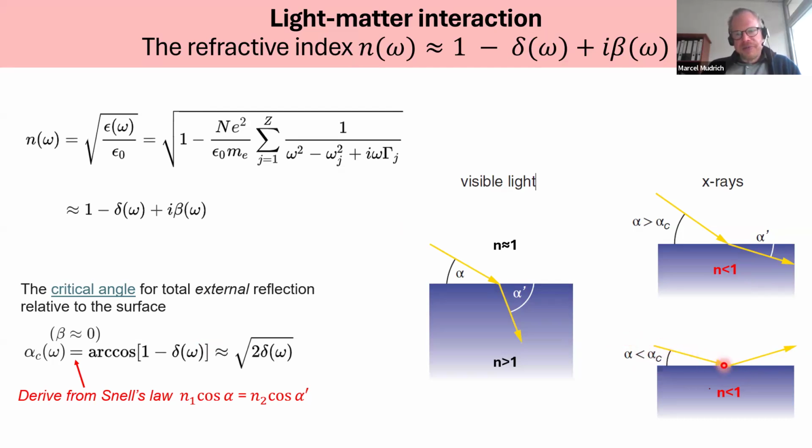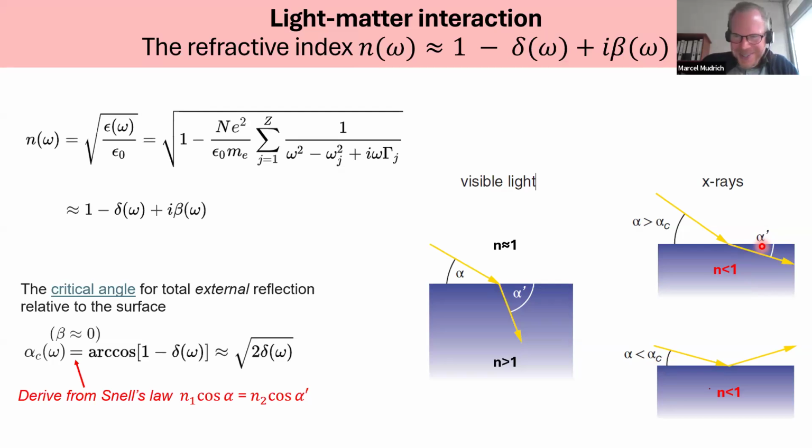What is the condition for alpha being exactly equal to alpha c? What about alpha prime? How large is alpha prime under total external reflection conditions? Zero? Maybe. Yes.